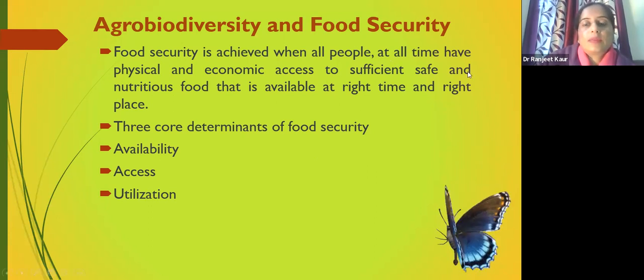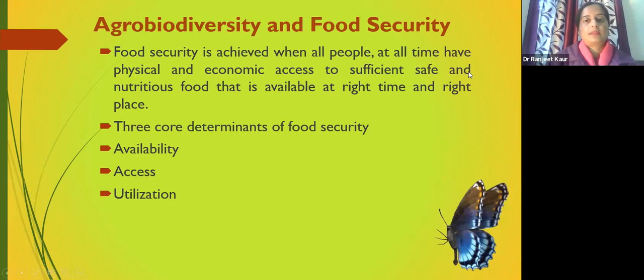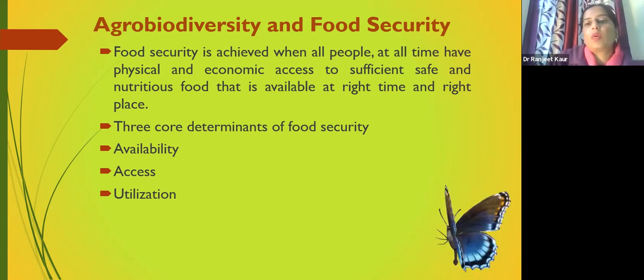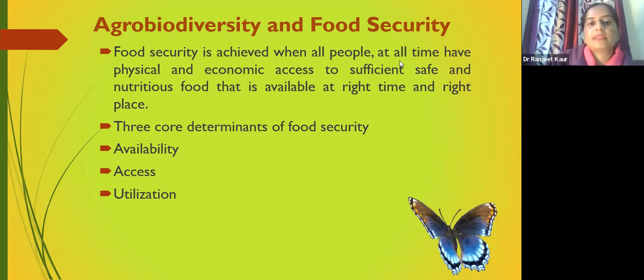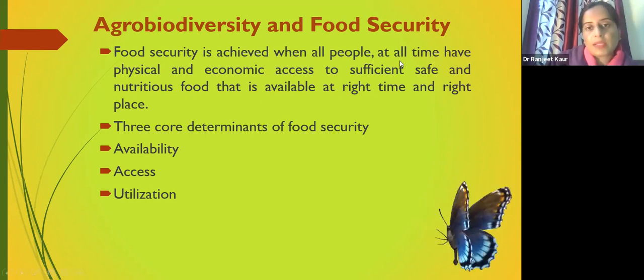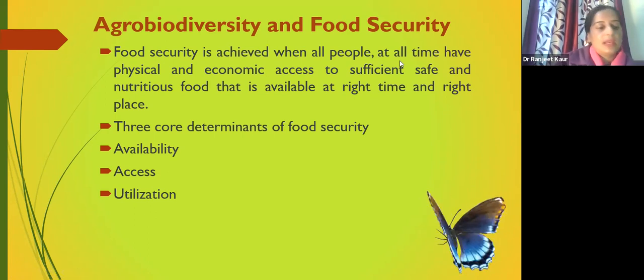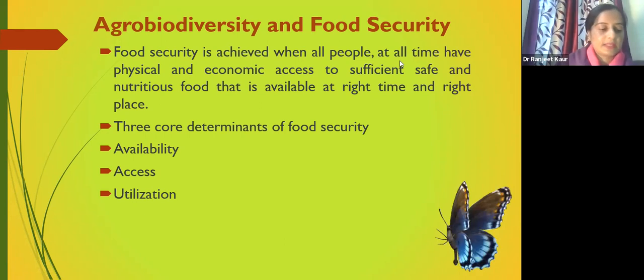Next is agrobiodiversity and food security. Food security is achieved when all people at all times have physical and economic access to sufficient, safe, and nutritious food that is available at the right time and right place.